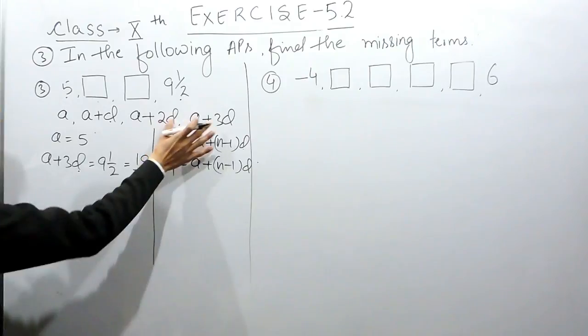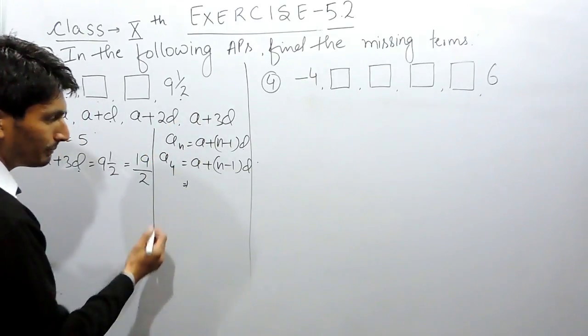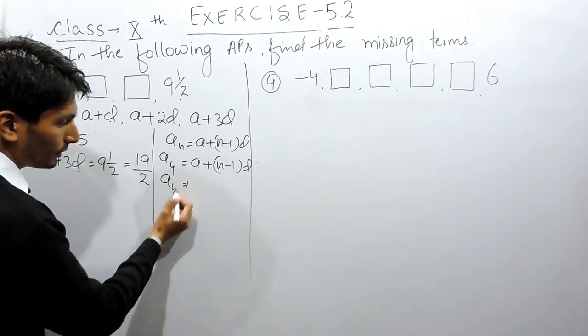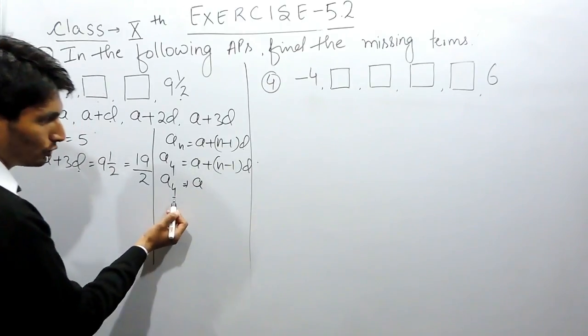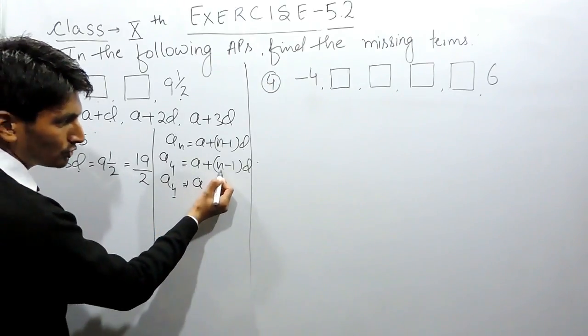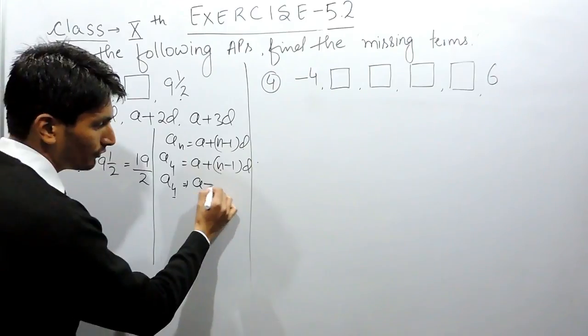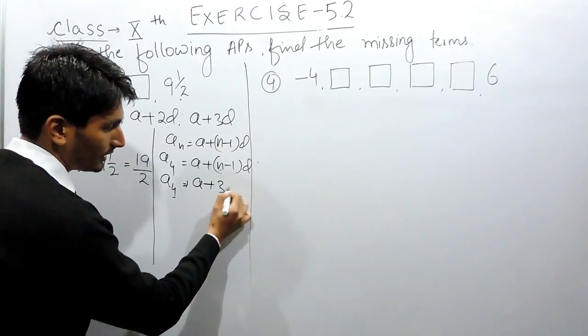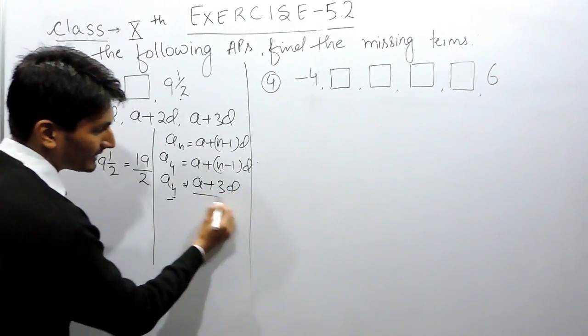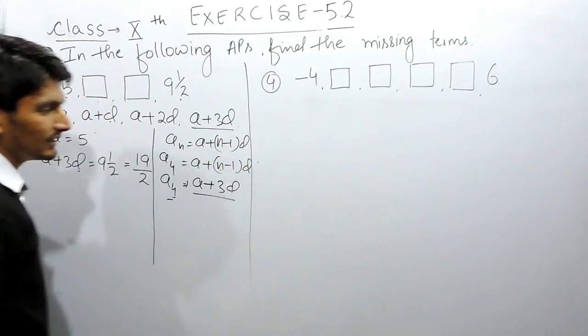I have already explained in the previous video, because n is 4 here, because you want to find the fourth term. So if I substitute the value as 4, 4 minus 1 is 3. So our fourth term is A plus 3D, which is same as this.